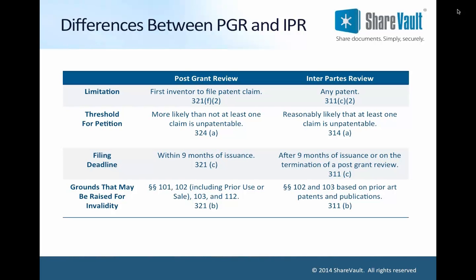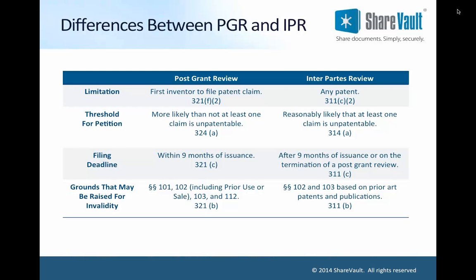And the difference with IPR is that it only involves 102 or 103, that is either anticipation or obviousness, and those arguments can only be based on patents and publications, whereas the arguments for invalidity under the PGR can include such things as prior use or sale, which of course are not documents.